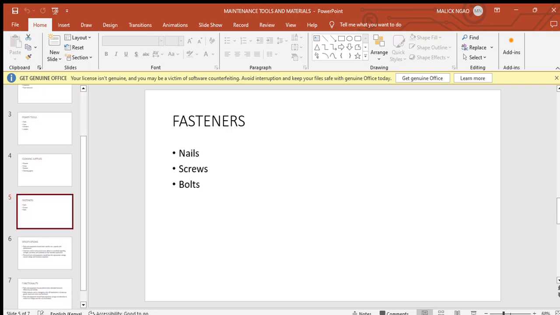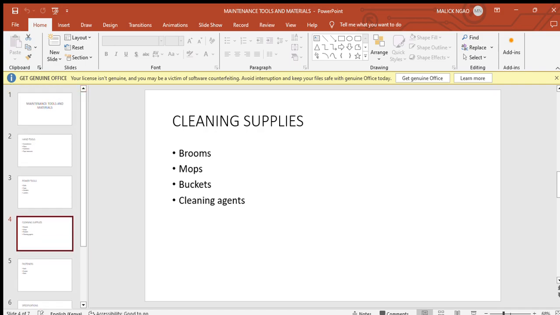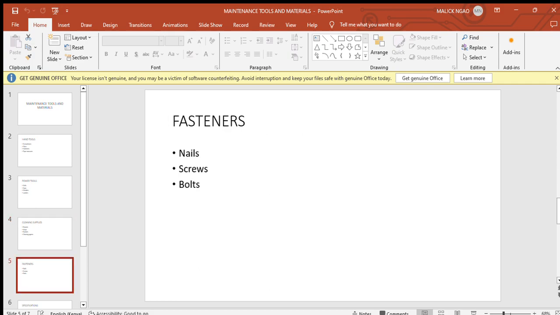We have the bolts. Okay, we have seen the tools used in maintenance. We have seen the hand tools, power tools, cleaning supplies. We have seen fasteners.